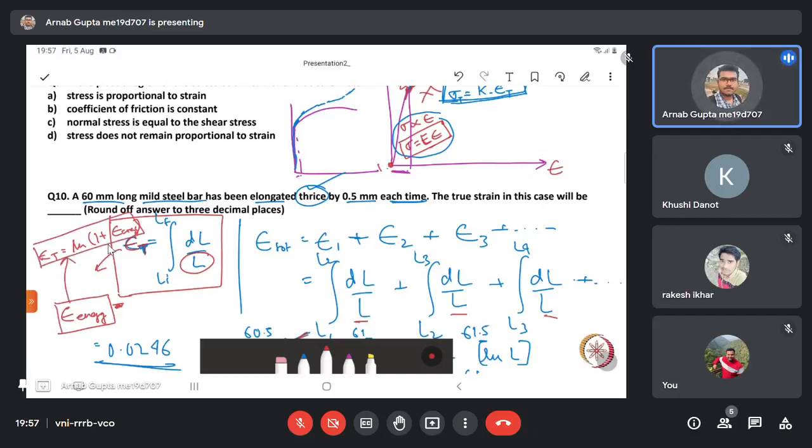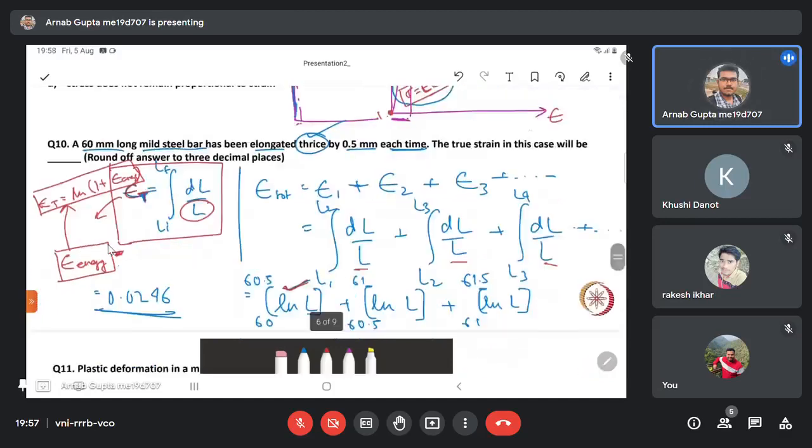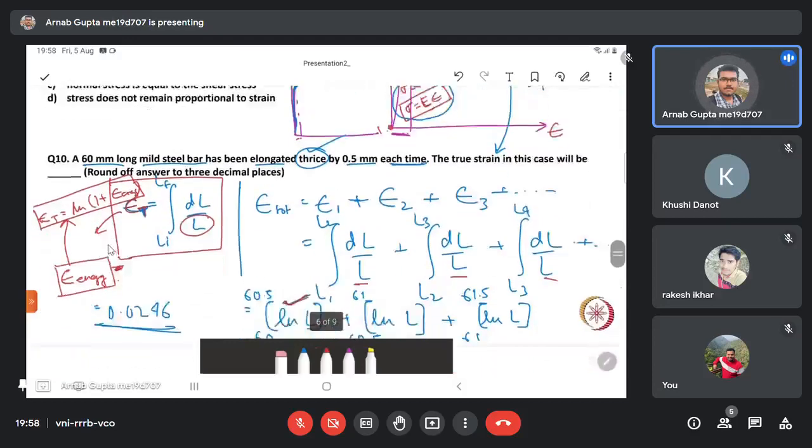But in this case, you don't know the actual value of engineering strain. So you might be asked to calculate engineering strain, and then say the stress at that particular point. All those things can be calculated. This type of numerical can also be combined with this particular expression to find out the true stress values. So as you practice more such numericals, you will get a better understanding of the concept.